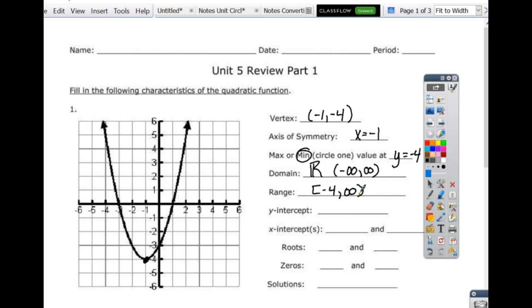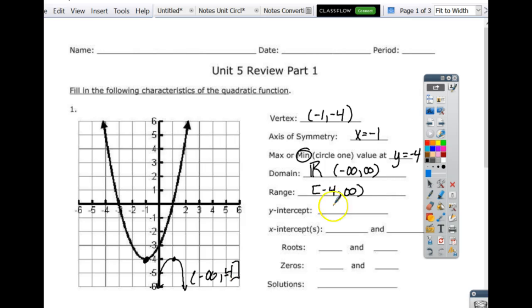But if it was upside down, then it would be -infinity to -4. It would be backwards. Okay? So if they're facing down, the -infinity comes first. If it's facing up, the -4 goes first to infinity.